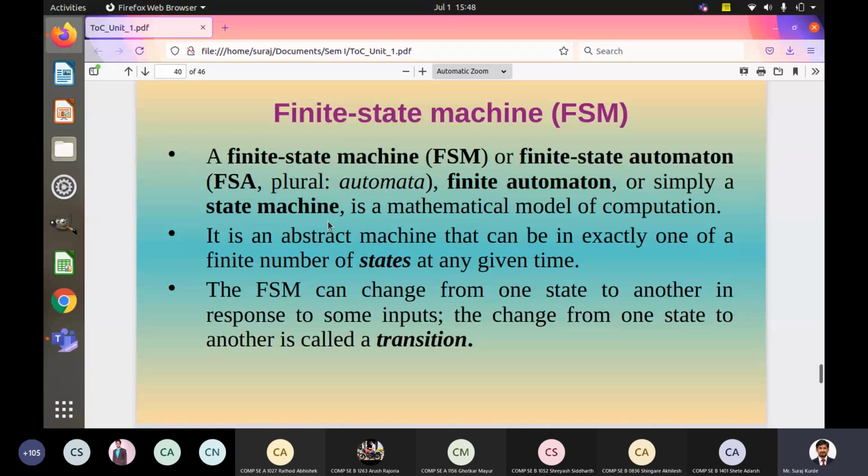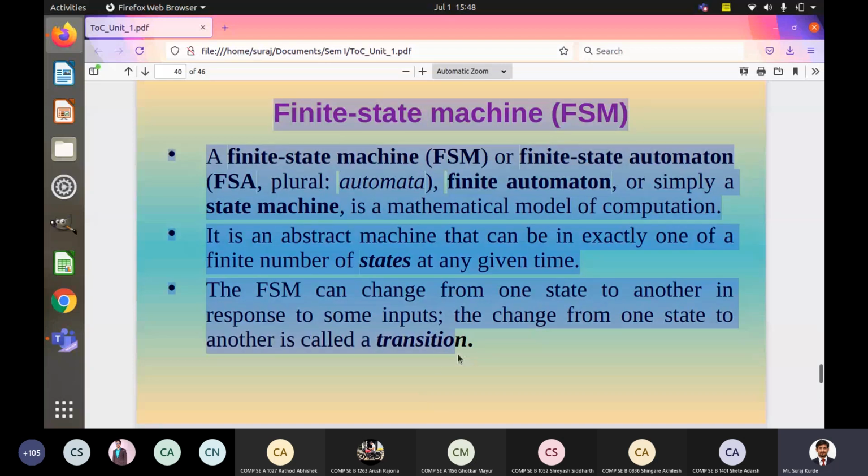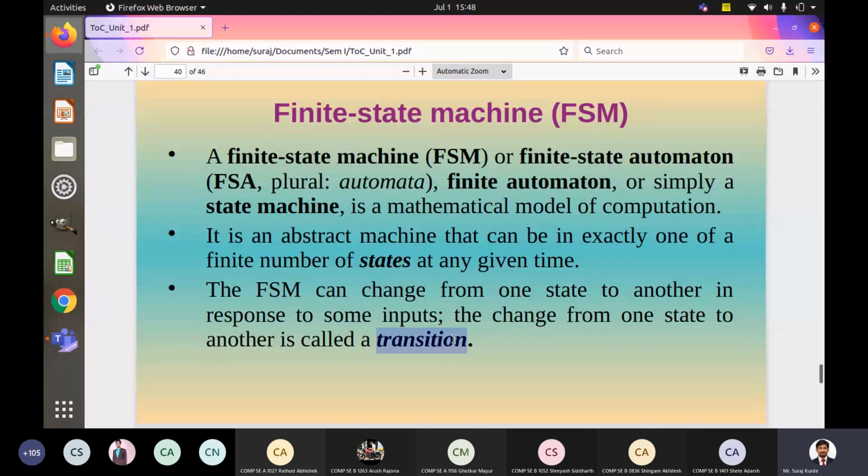An FSM can change from one state to another in response to some input, and that change from one state to another is called a transition. So the finite state machine behaves like a finite automaton.